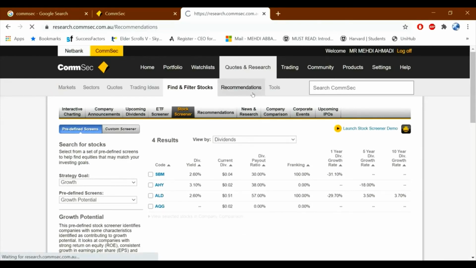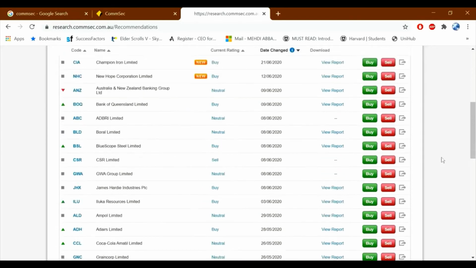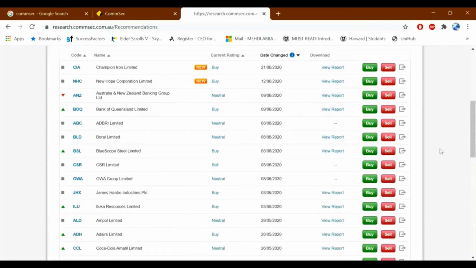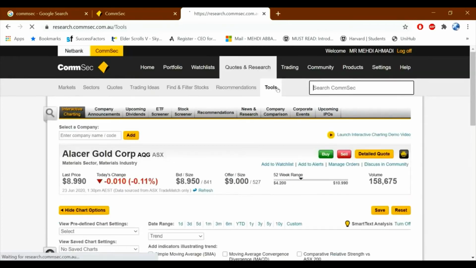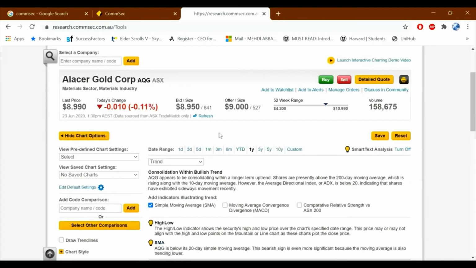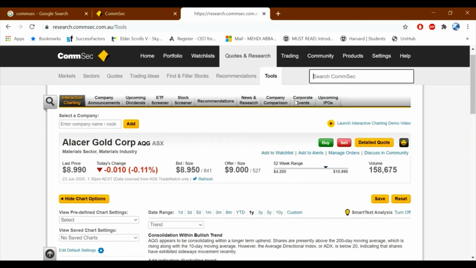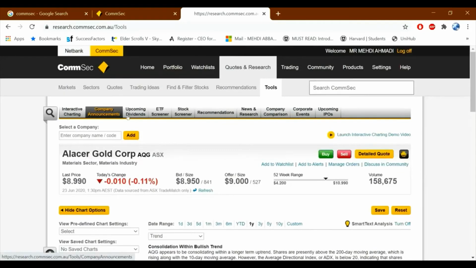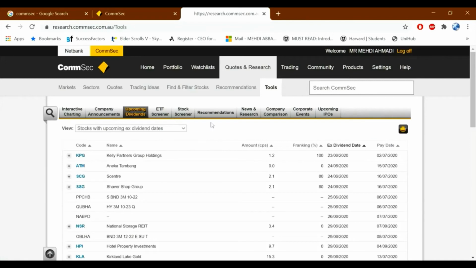Recommendations are also from the analysts at CommSec, who recommend which companies are good to buy according to their research. And then tools: these are the charts and everything that you can search for a specific company, and you can look at company announcements or upcoming dividends. This is more detailed information than the other sections.